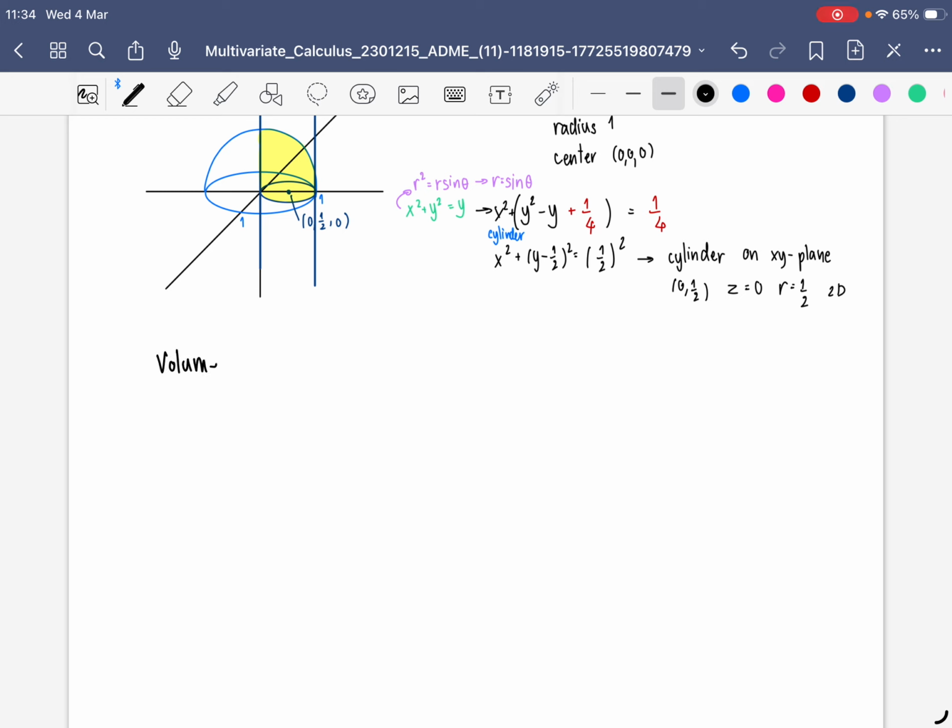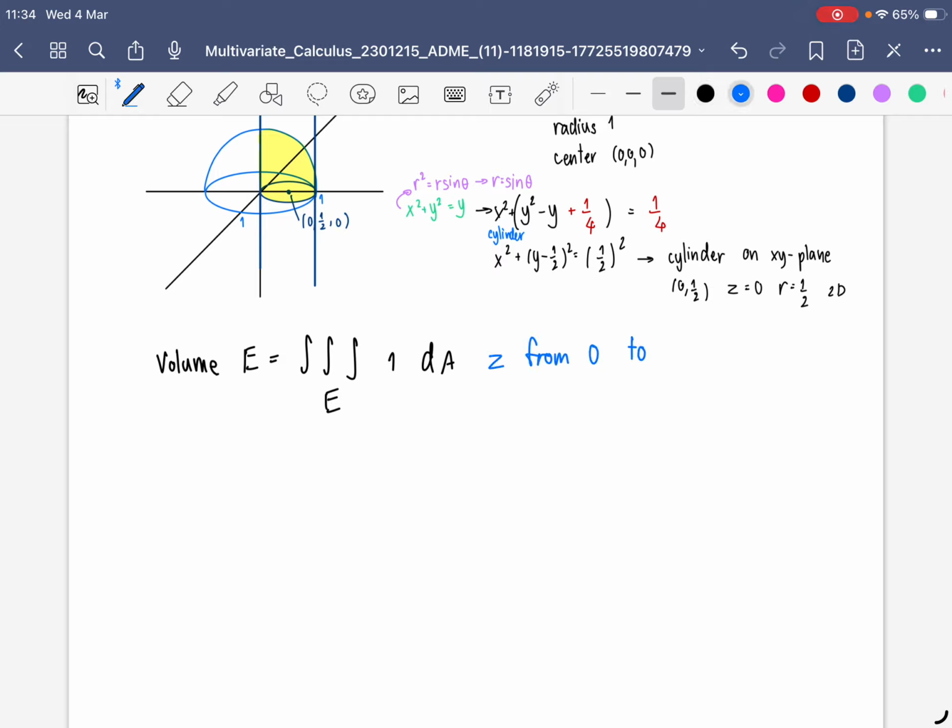The first variable is z. Z goes from the lower surface to the upper one, which is: z will start from 0, the floor, to the sphere, right?